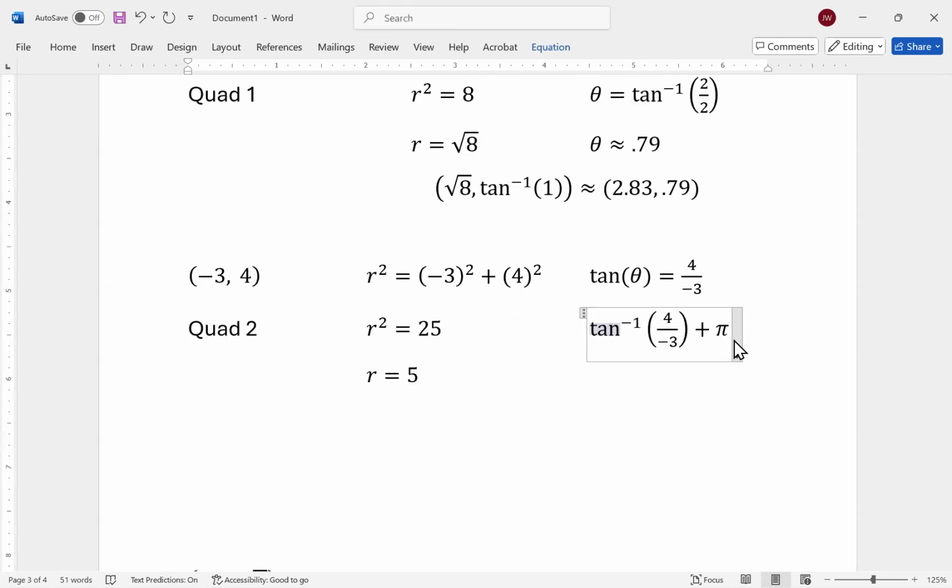So that's what I do. Since we're in quadrant 2, in order to get my theta, I take the inverse tangent and then I add pi to that. And so we are going to be at the point 5 comma, the r value is 5, and then the theta is going to be inverse tangent 4 over -3 plus pi.